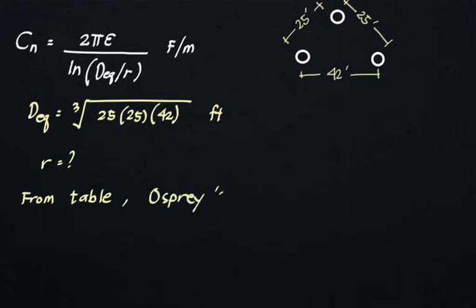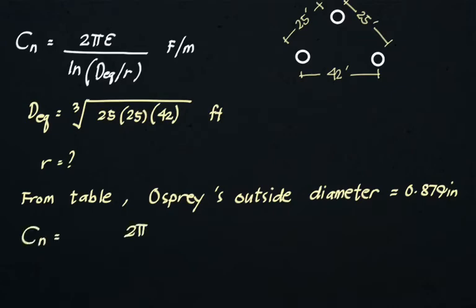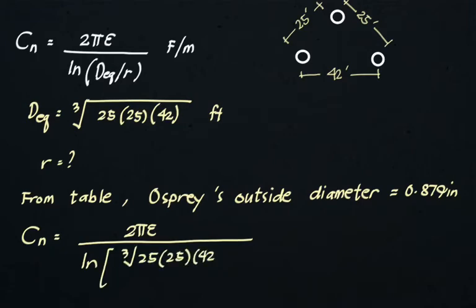And our R is missing, but we can find it by locating it from the table. So we get the Osprey's outside diameter. That's 0.879 inch. Since it is a diameter, we need the radius, so we just divide that and apply the conversion. Plug them in. So that's the radius.